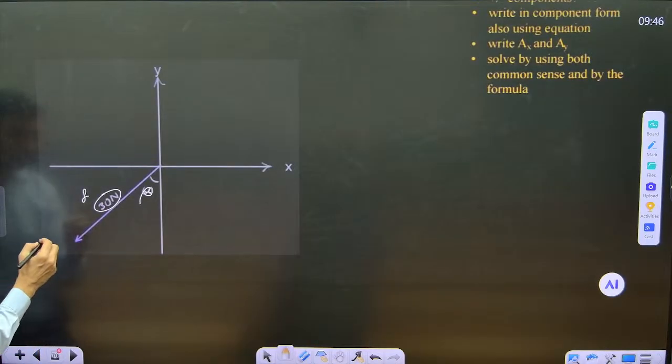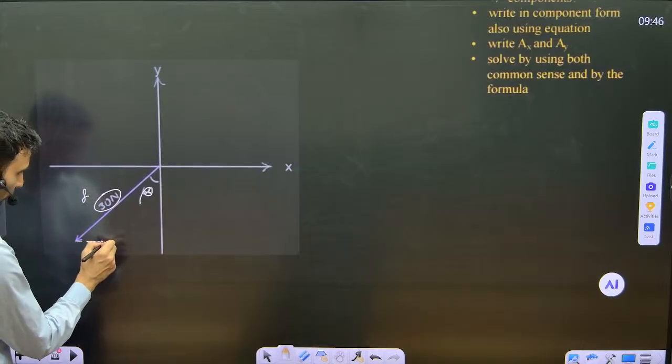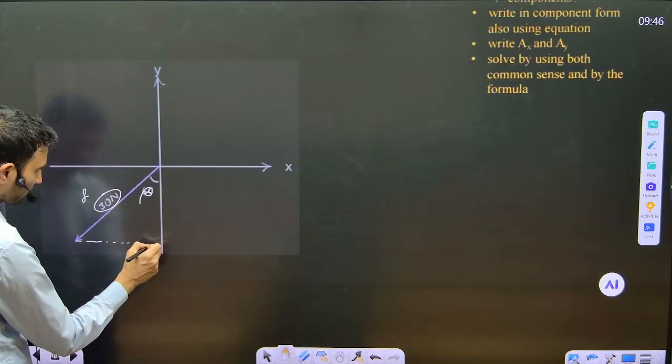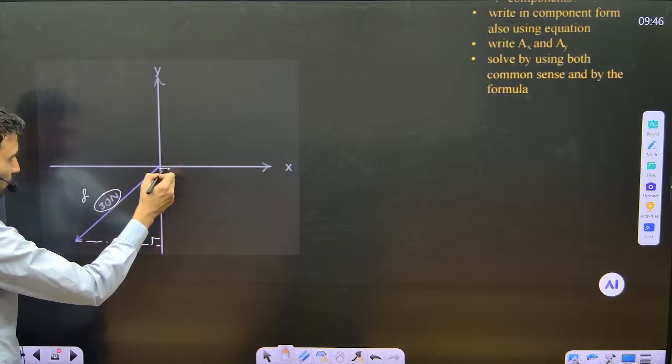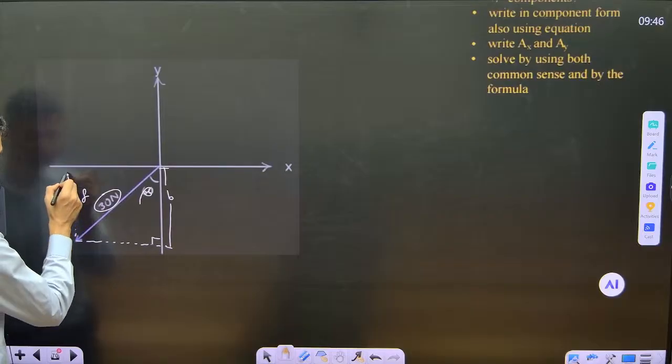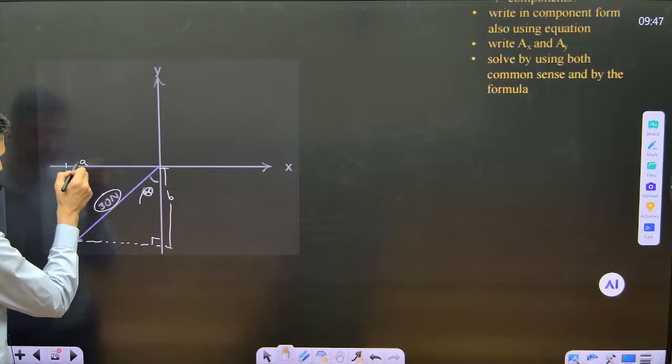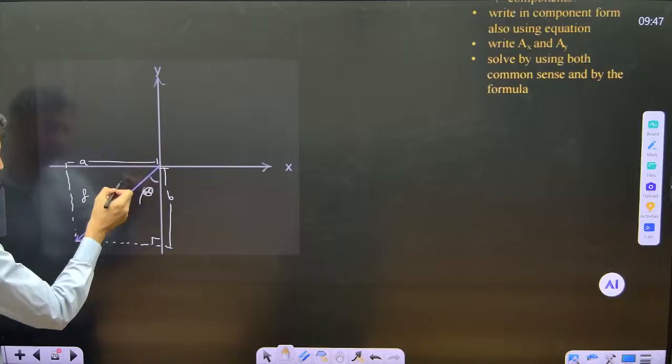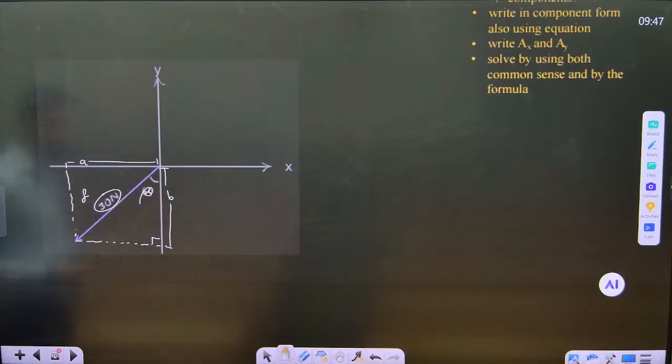So draw a perpendicular, call this B, call this A, right? And then go ahead and find out A and B separately.